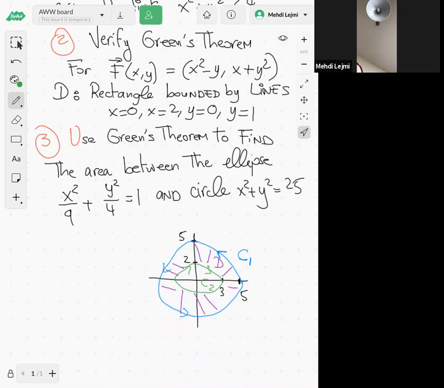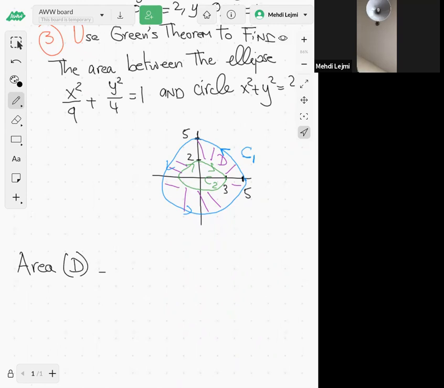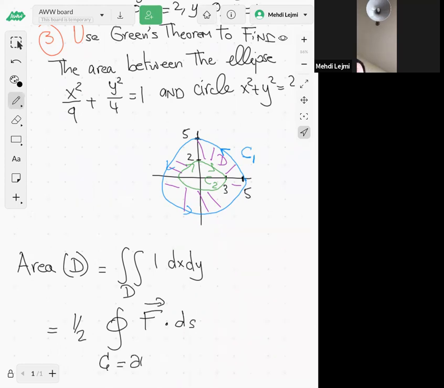And all you have to do here is to use the fact that the area of D, which is by definition the double integral of 1 dx dy over D, would be actually half of the vector line integral along the boundary, where F is equal to minus y, x. Okay.